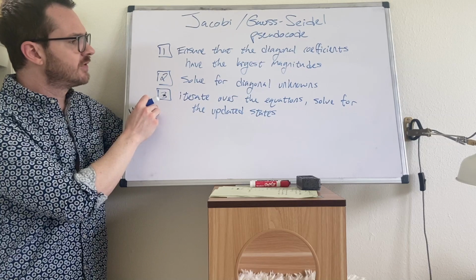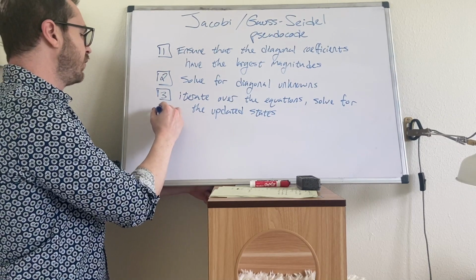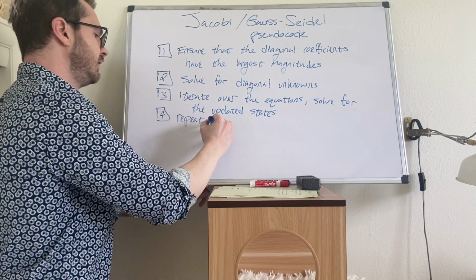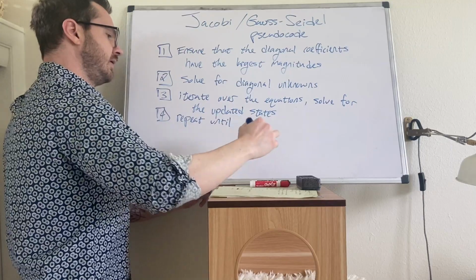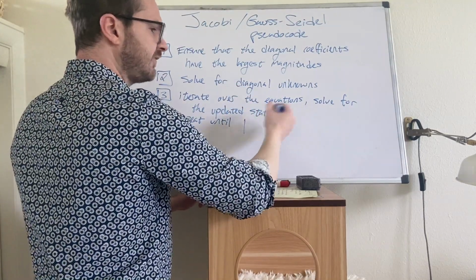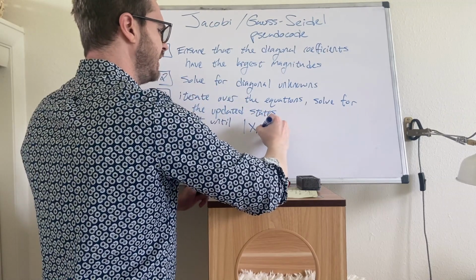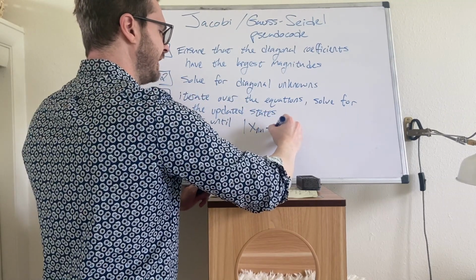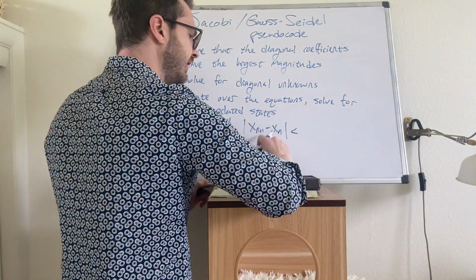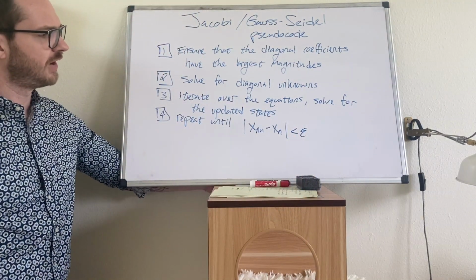If you're always using the most recent values, you're doing Gauss-Seidel. Number 4, we're going to repeat until convergence. So let's call the vector x in this case. So x_{n+1} minus x_n. When this is less than some threshold, then you can stop.